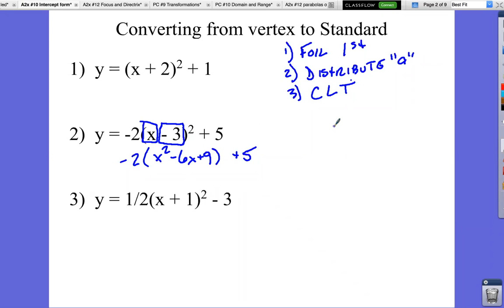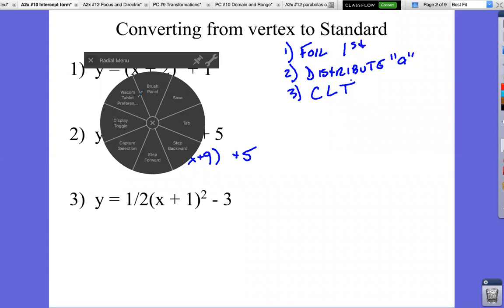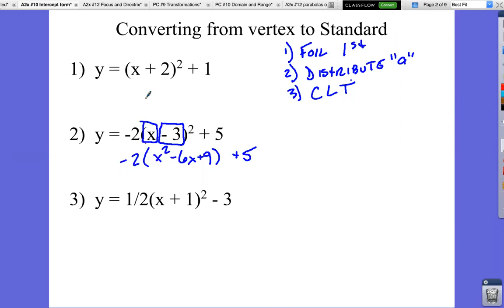Any questions on how I did that? If you are completely lost, then go ahead and just multiply it out. x minus 3, x minus 3, x squared minus 6x plus 9, you'll get the same answer. I'm just trying to save you guys a little time.